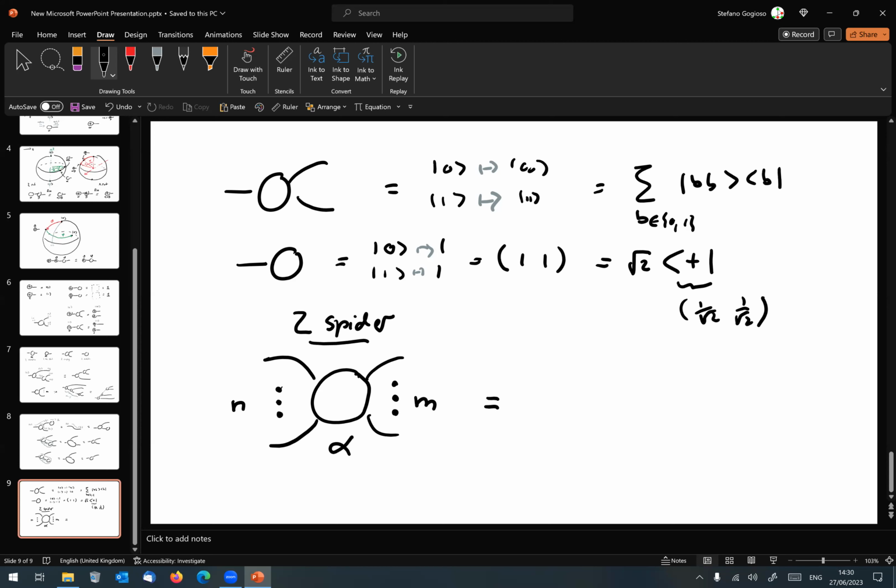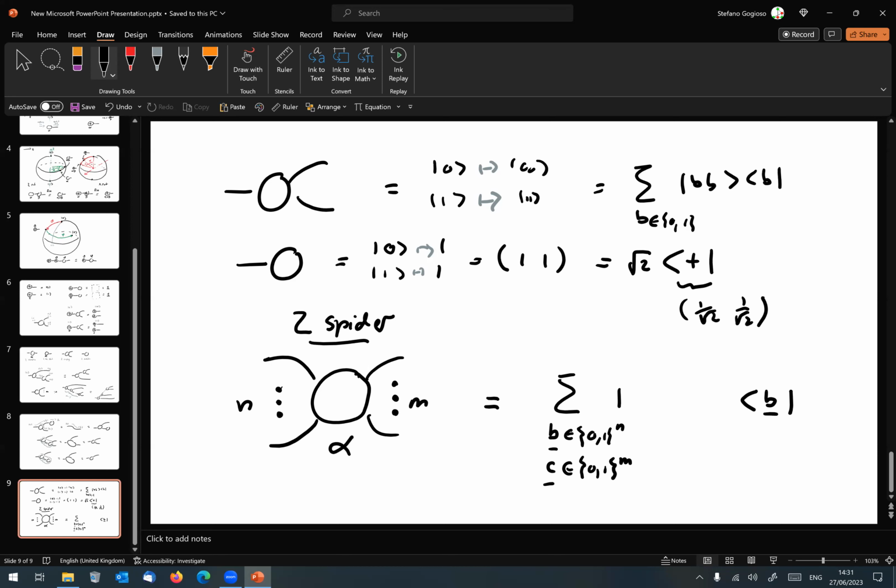It's not hard. You just take all the bit strings. You take n bit strings on the left. Actually, I should probably do m by n. Oh, who cares? You take m bit strings on the right, and you have to consume the n qubits on the left.